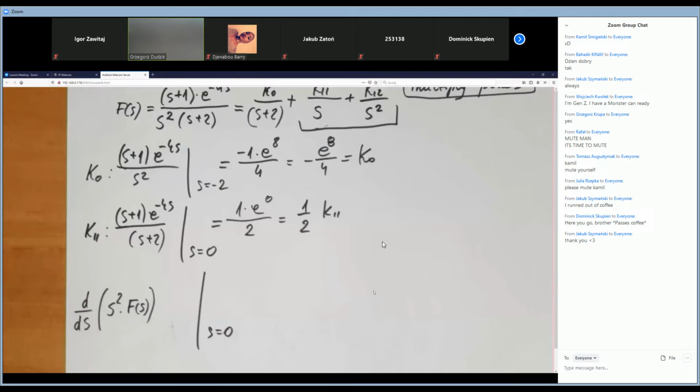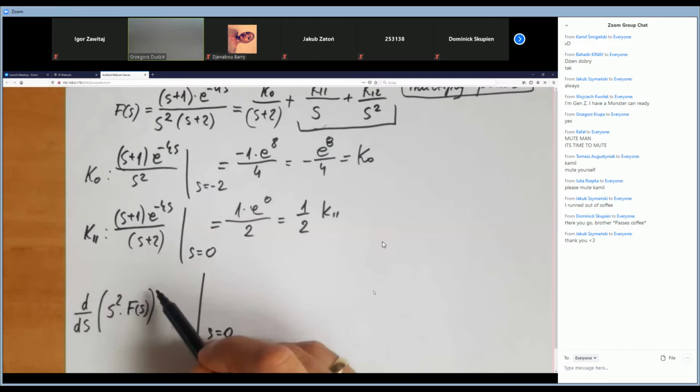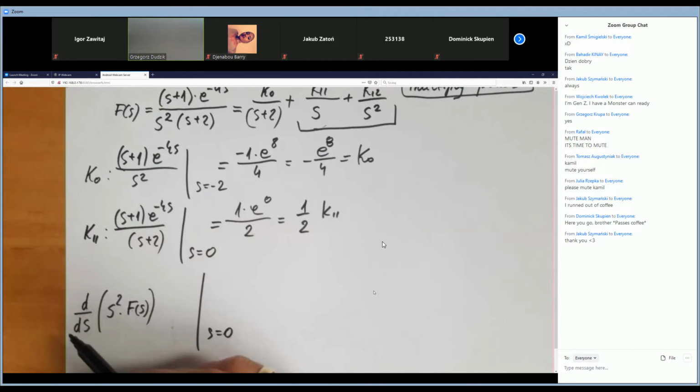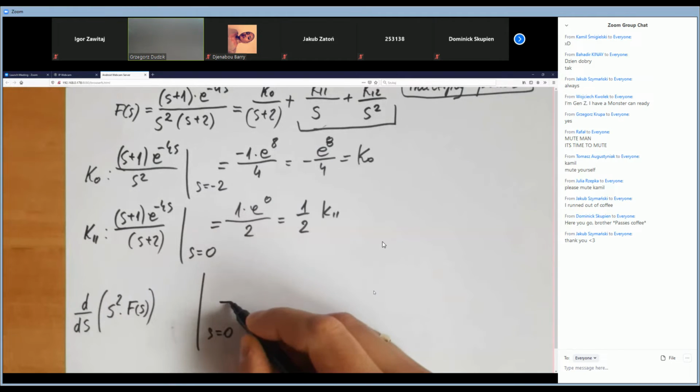That's the difference. In fact, we have to find the derivative of such an expression, and then we substitute s by the 0 value.